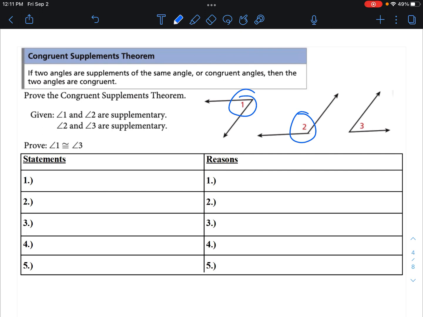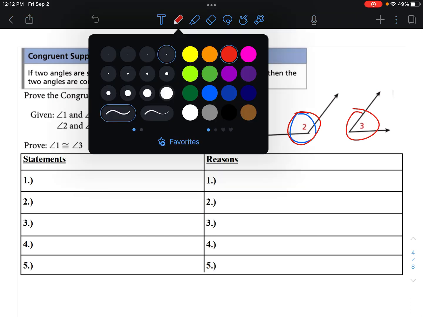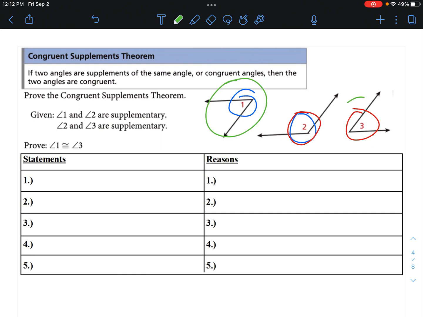And let's also say that angles 2 and 3 are supplementary. They add up to 180. Well, angle 2 never changed, so that would mean that angle 1 and angle 3 are congruent to each other, because if angle 2 never changed and we're adding up to 180, 1 and 3 must be the same.